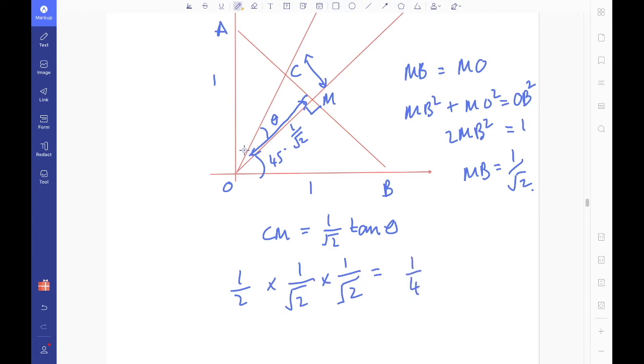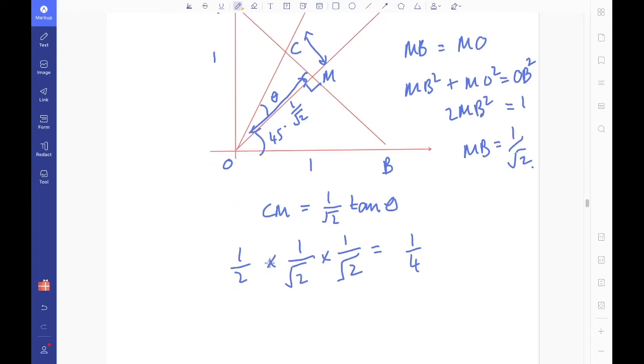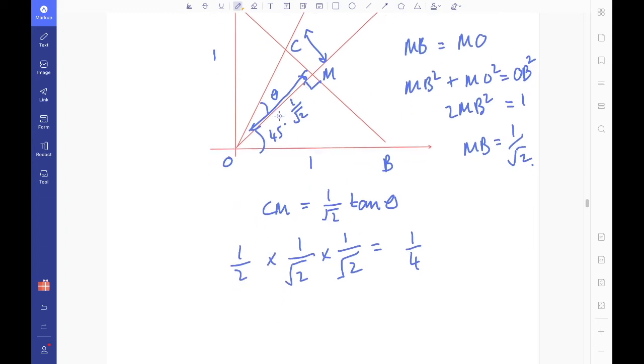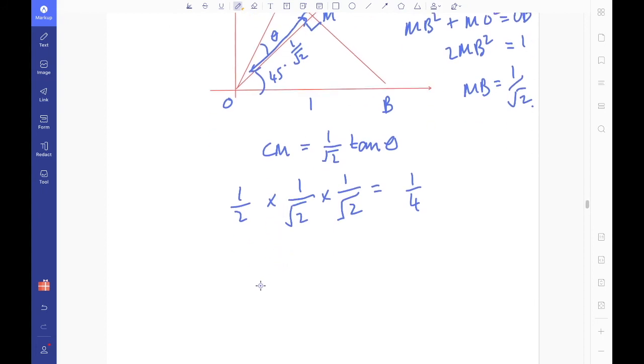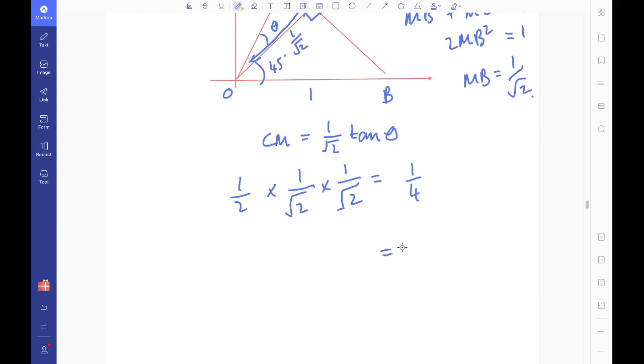And then my other triangle, OCM, has a base of 1 over root 2 and a height of 1 over root 2 times tan theta. So doing the same thing, we get 1/4 tan theta.